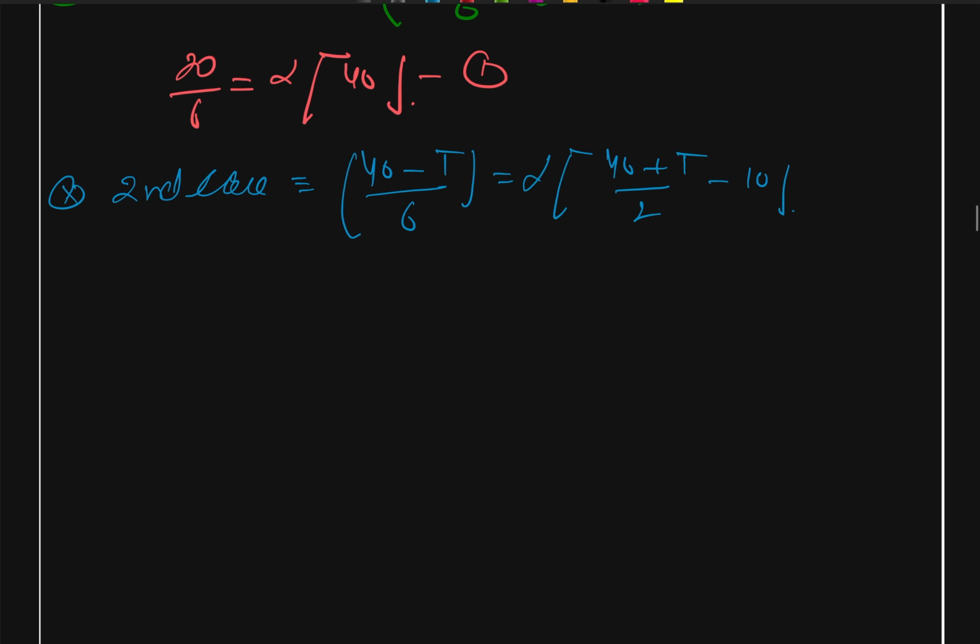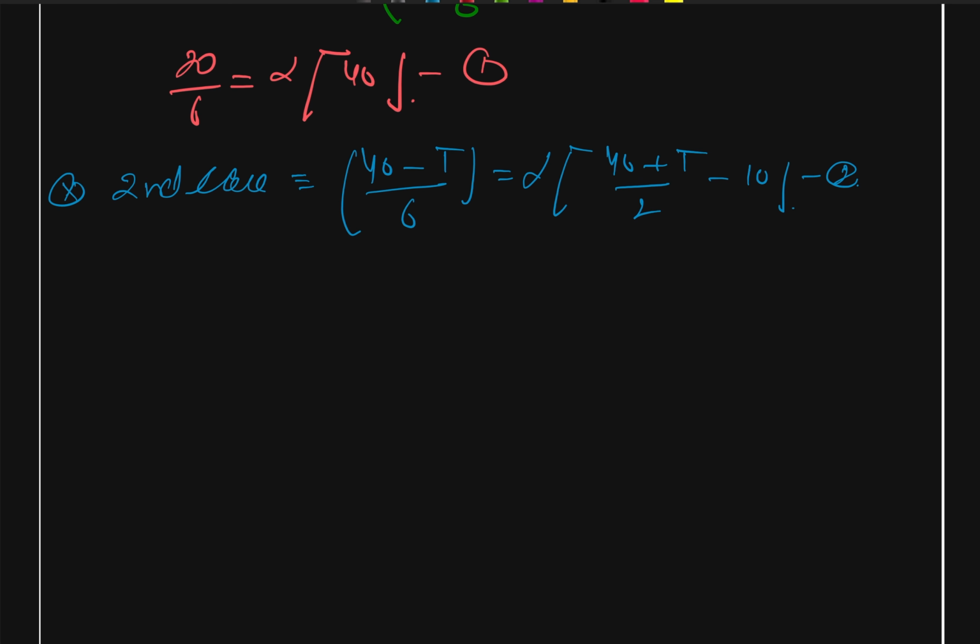Let's take the ratio. So this gives 40 minus T upon 6 is equal to alpha.